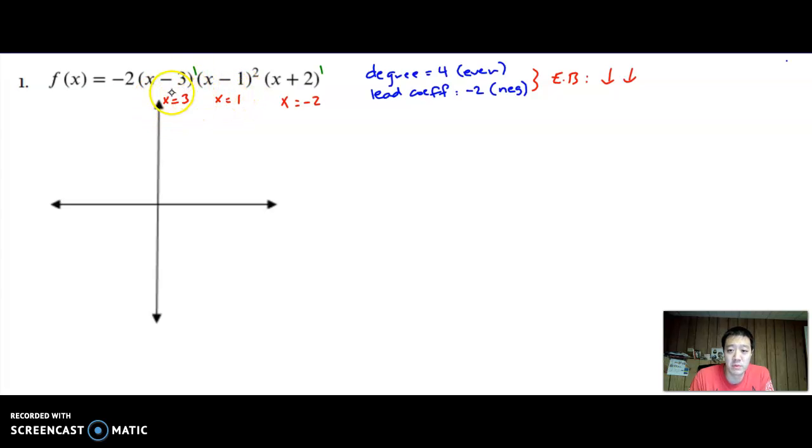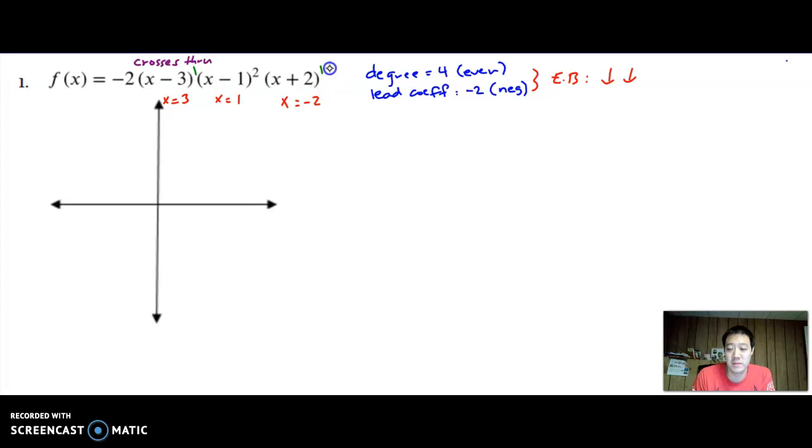So at x equals 3 and at x equals negative 2, because they have an exponent of 1, the curve just crosses straight through the x-axis. So I'm going to say crosses through.